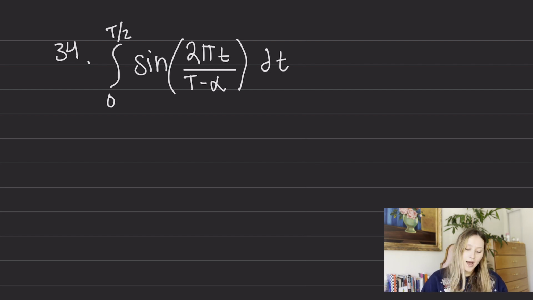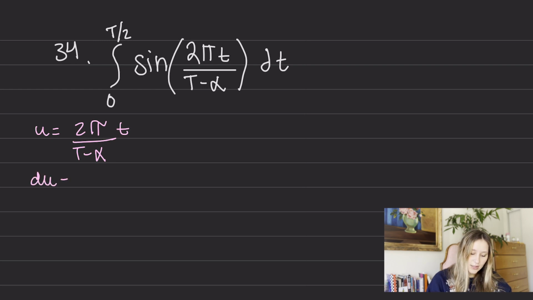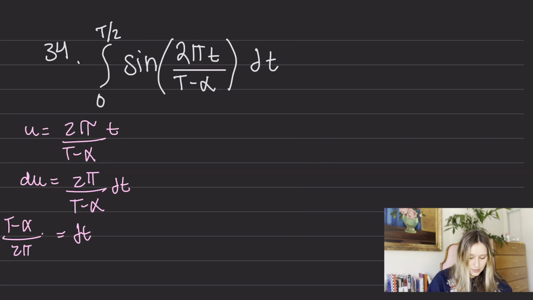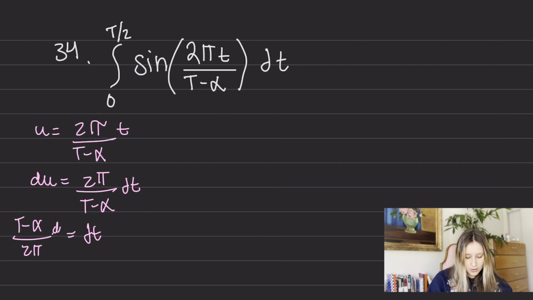34. Okay, let's see how this goes. We're going to do u equals 2 pi t over t minus alpha. du is going to be this term dt, and then dt is going to be t minus alpha over 2 pi times du.